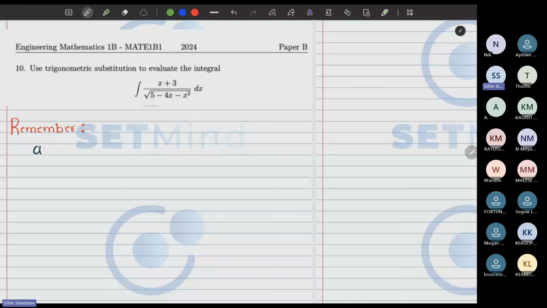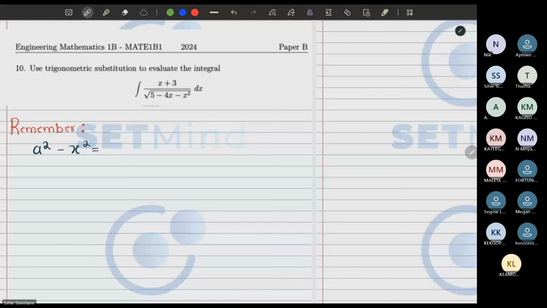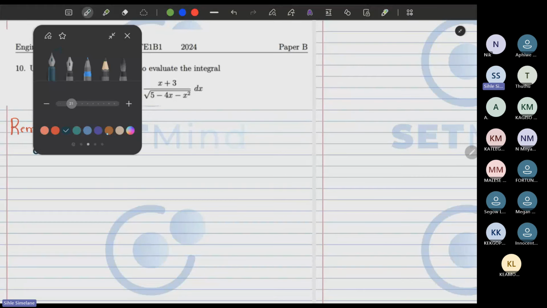If we have a squared minus x squared, when we do our trigonometric substitution, do you remember, guys, what we substitute for x in this case?